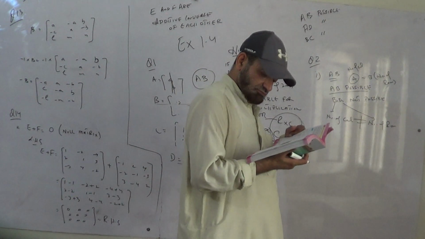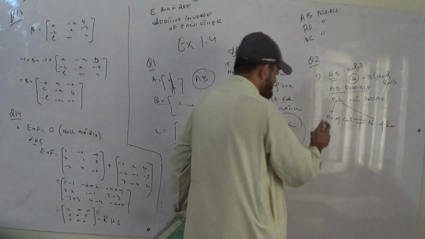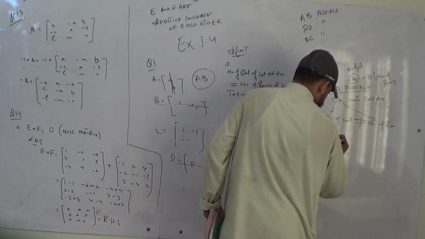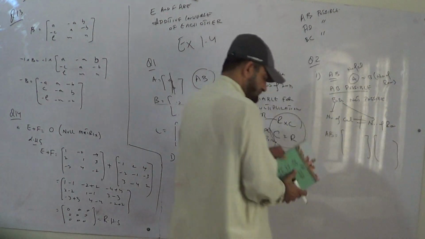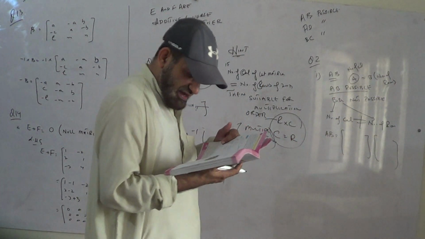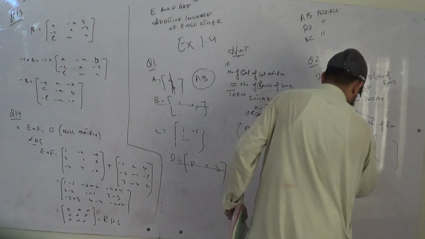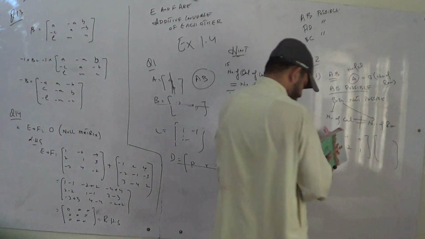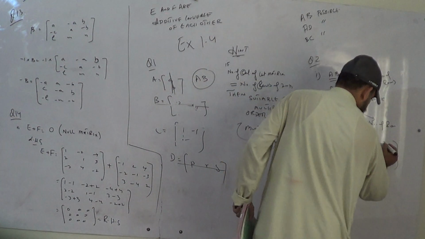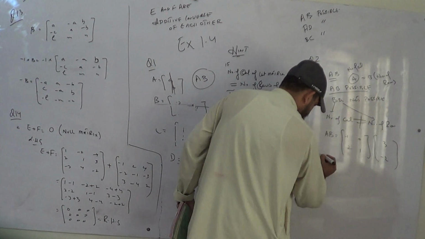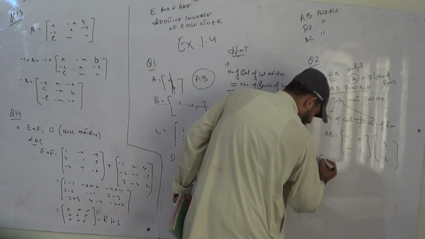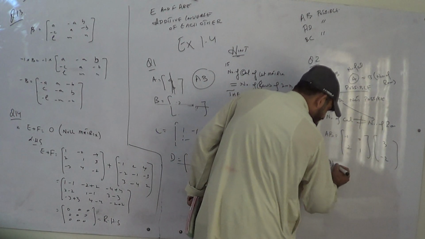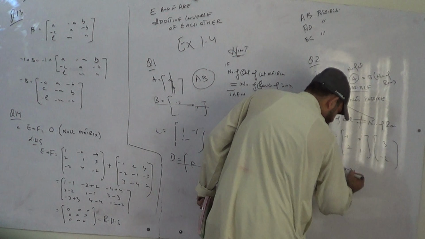Find the possible product. Then we find AB. The value of A is minus 1, 0, 2 and 1. B is 3 and minus 2. We can multiply. First row on the first column: minus 1 multiplied by 3 plus 0 multiplied by minus 2.